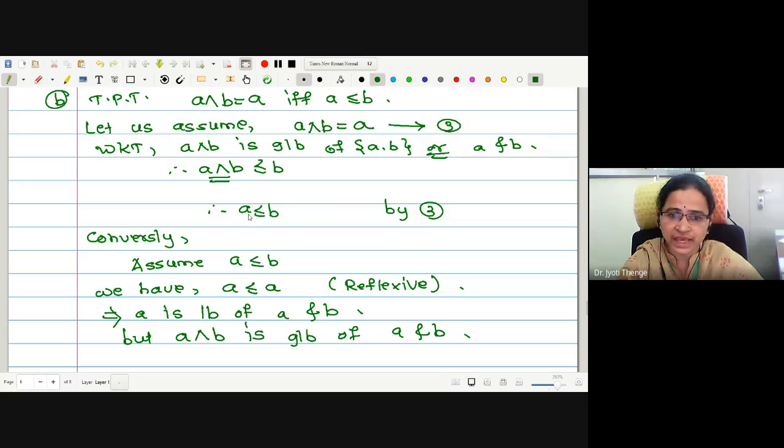We have assumed it is A. Therefore, by 3, I will write A precedes B. One part we have completed.